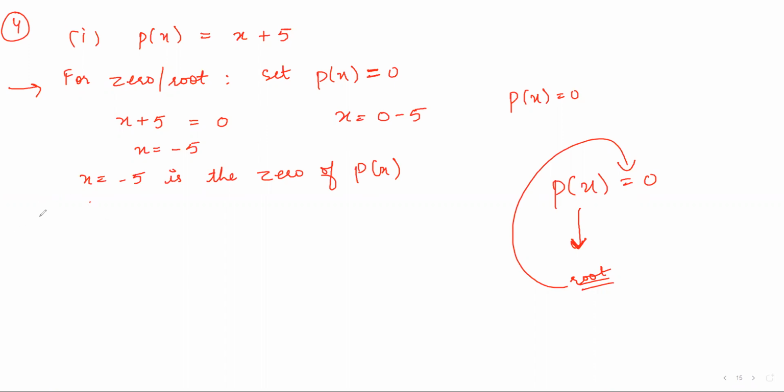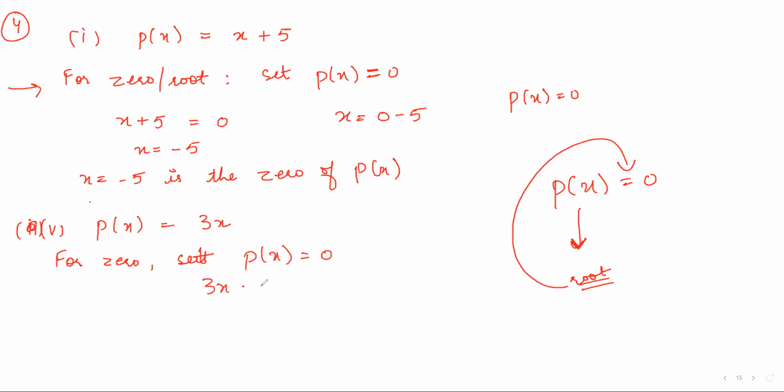Okay, one more part I can take. Second is the same, like third, fourth are the same. Let me take the fifth part, right? Fifth part, P(x) is 3x. So again, for 0, set P(x) is equal to 0, right?